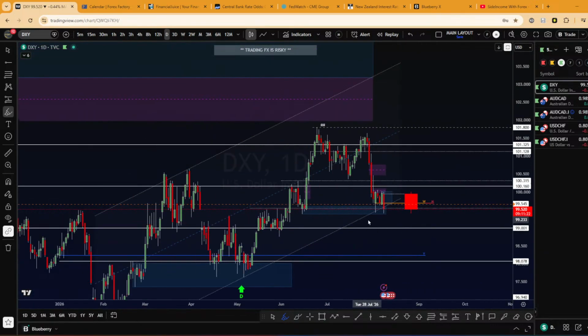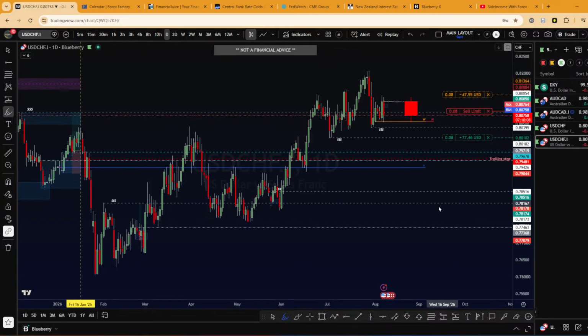Plus we have the bottom of the channel, so yeah, we really need a break below. If not, this will be very, very difficult on USDCHF.